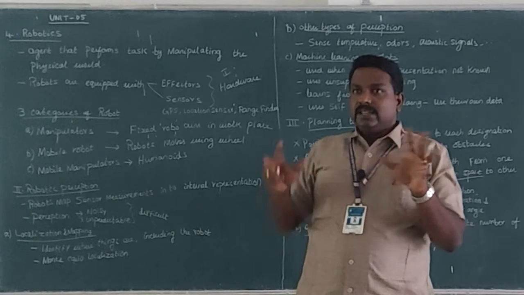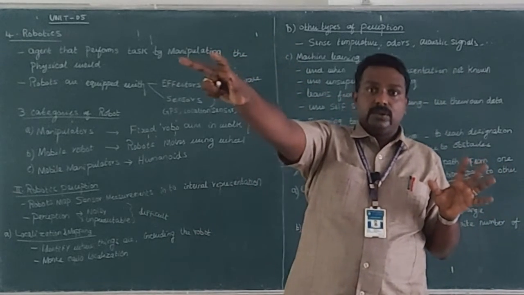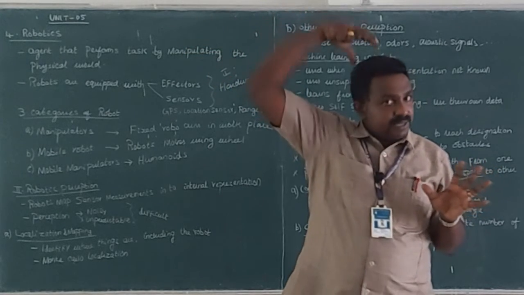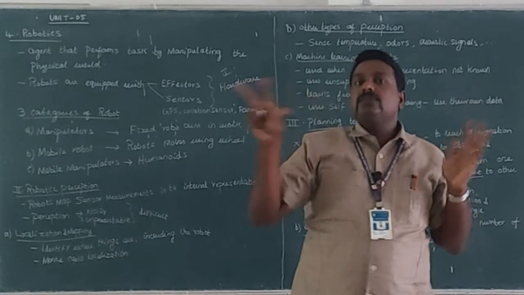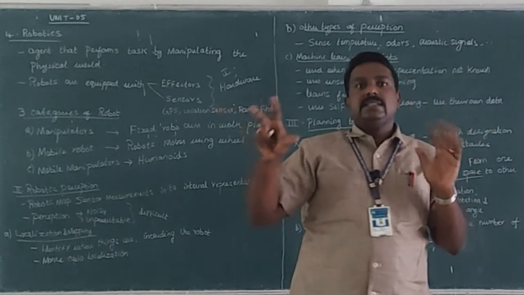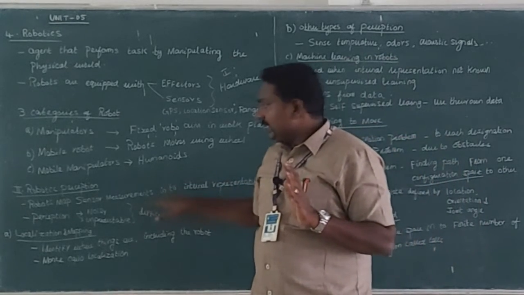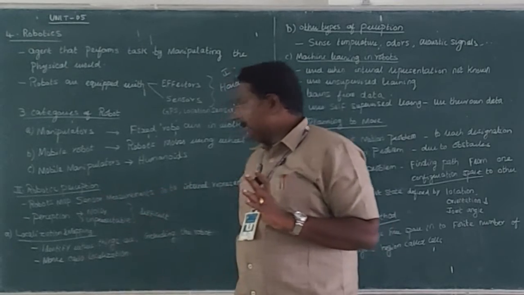Do you understand? If I am a robot and I see a yellow object over a long distance, I have to map what that yellow object will be. That has to be sensed and compared with the knowledge that is present in my knowledge, and I have to finally infer that it is nothing but a ball. Okay. So this kind of internal mapping is done with the help of robotic perception.